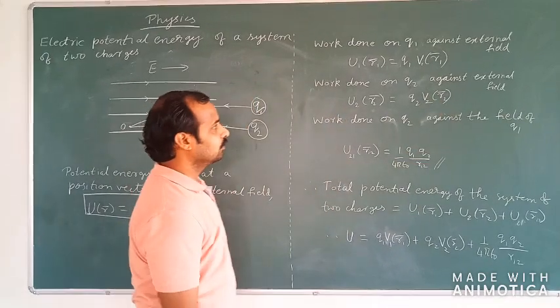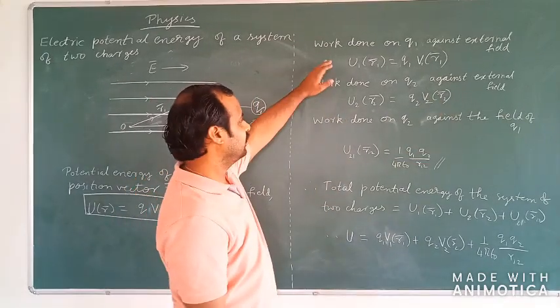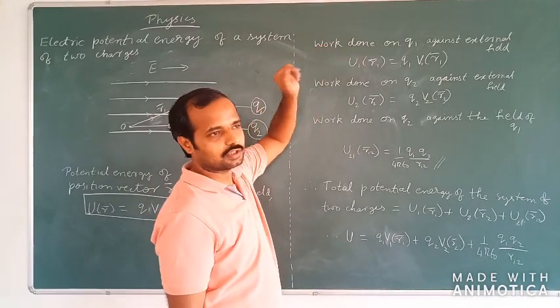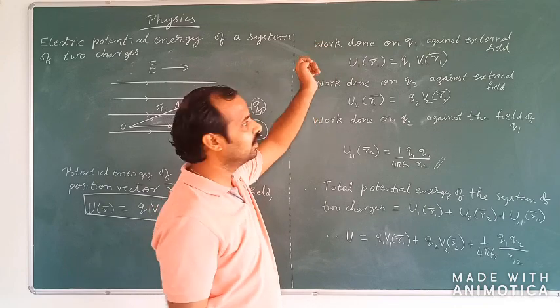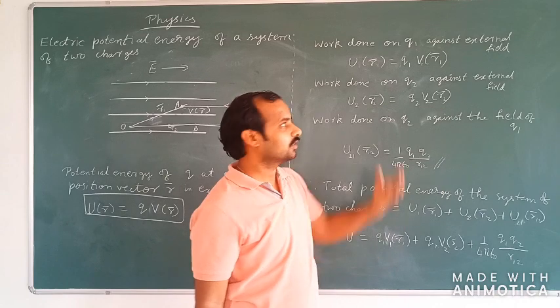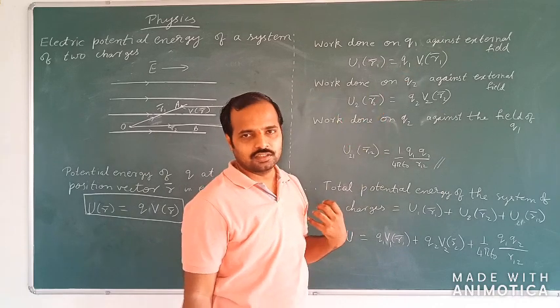Remember, in the previous case, when talking about the potential energy of Q1, we didn't have any other charges inside the electric field. This was the only charge brought in.